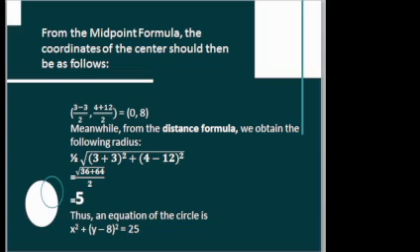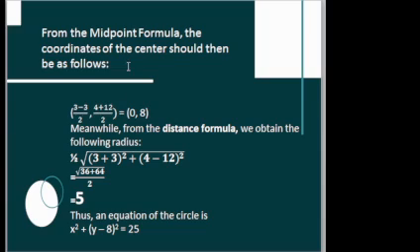Again, what is the midpoint formula? It was given already, a while ago. We have x sub 1 plus x sub 2 divided by 2, and y sub 1 plus y sub 2 divided by 2.